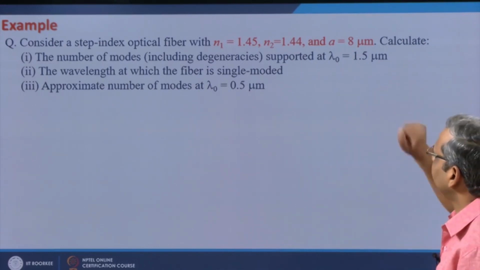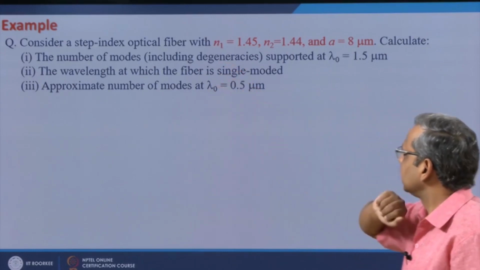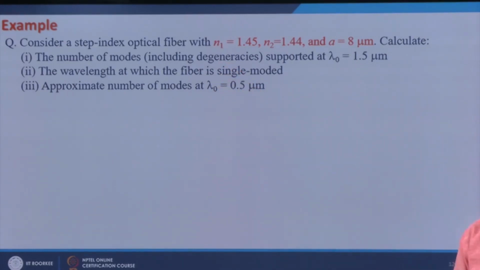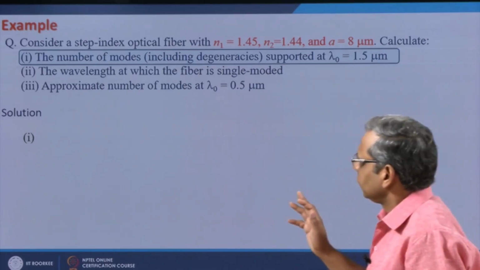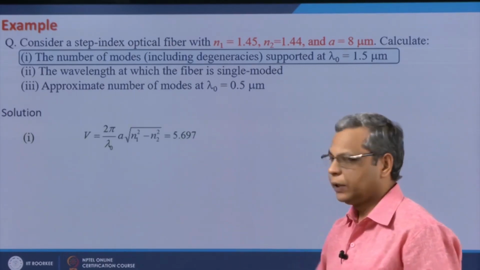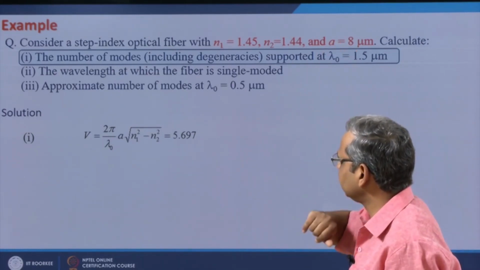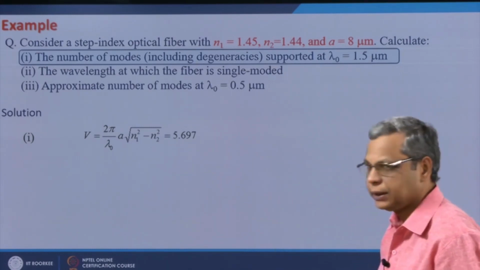And I want to find out the total number of modes including degeneracies supported by the fiber at lambda naught equal to 1.5 micrometer. So the procedure is very simple. You have to first find out the value of V. If you find the value of V for these parameters, then it comes out to be 5.697.